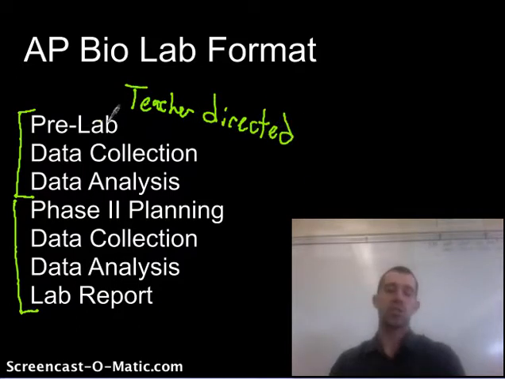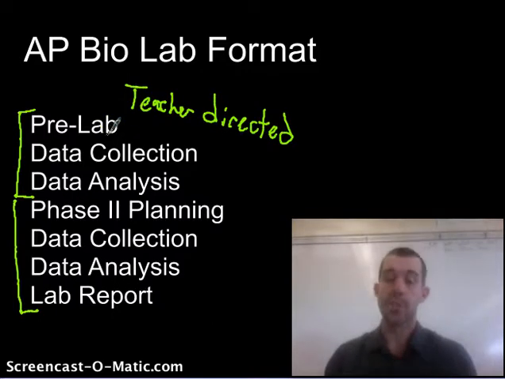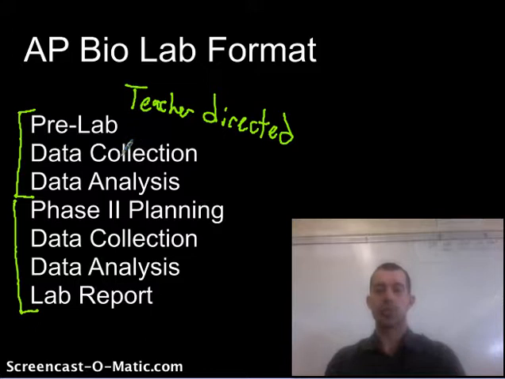That first section involves a pre-lab where we plan everything that we're going to be doing. And then we do data collection where we actually get the experiment going and we collect data. And then we do our data analysis. This might involve drawing graphs, and it also often involves doing some math or statistical analysis.